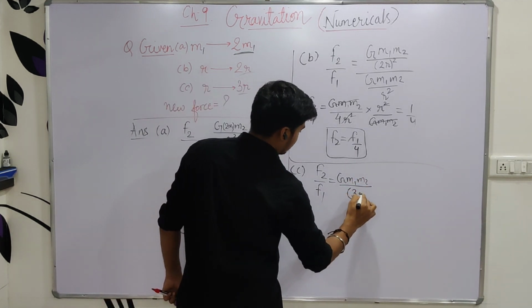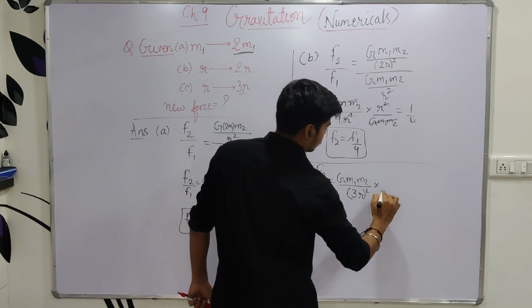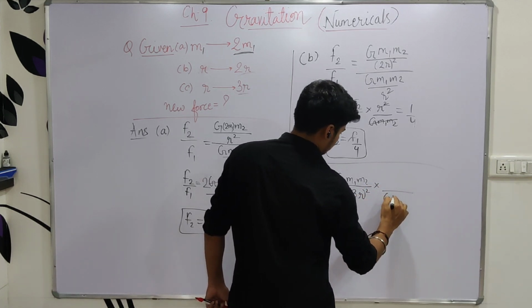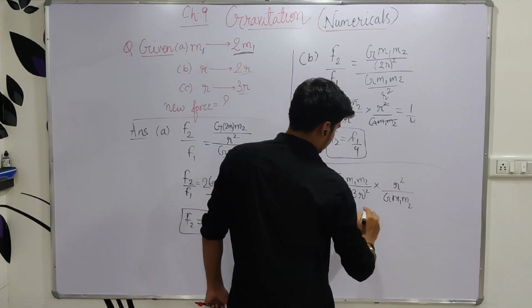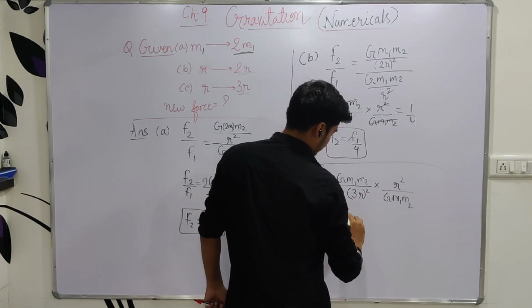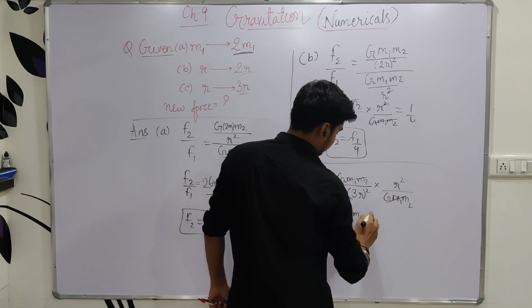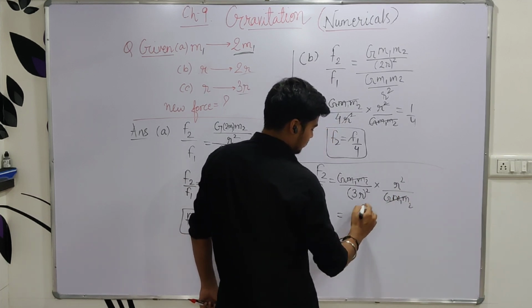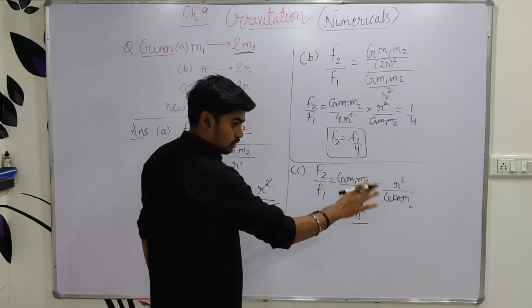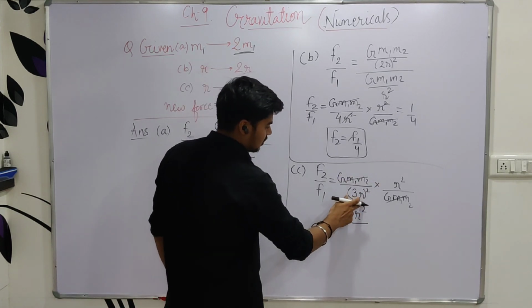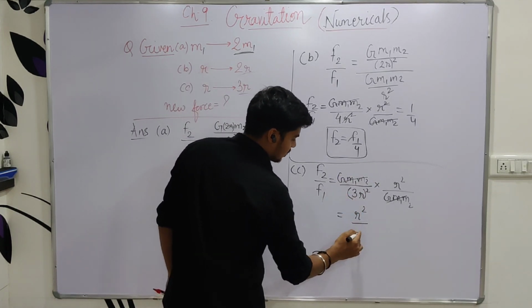So I will directly write 3r whole square into, initially the force G m1 m2 by r square. What I will get, this G m1 m2 cancel, r square upon, as it is 3r whole square, so don't make a mistake of putting r only or the square of 3 only.